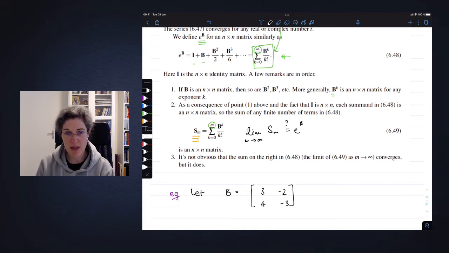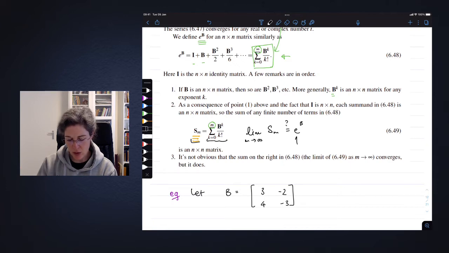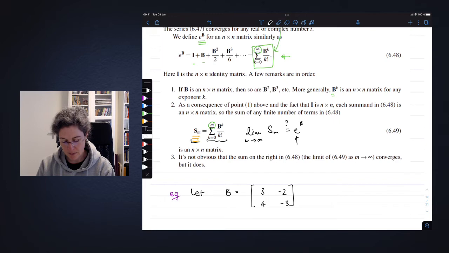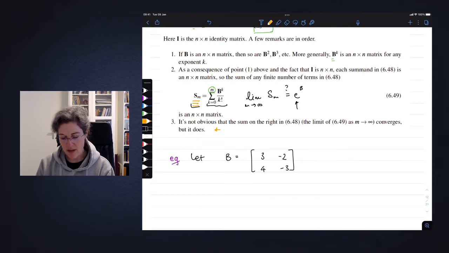So the idea is that if we take enough terms, so we let m be big enough, then we're going to approach this thing that we want, this matrix exponential. So point 3 here is really saying it's not obvious that this is the case, but it turns out that it does. We can always do that, so this is the right definition for the matrix exponential.